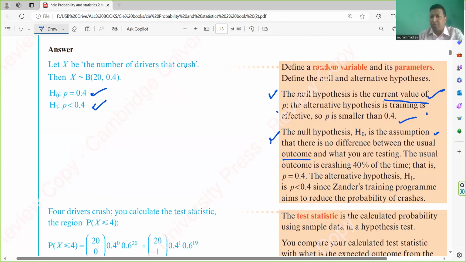Our usual outcome is 40%, so H0 is P equals 0.4. The alternative hypothesis H1 is P less than 0.4, since Zender's training program aims to reduce the probability of crashes.